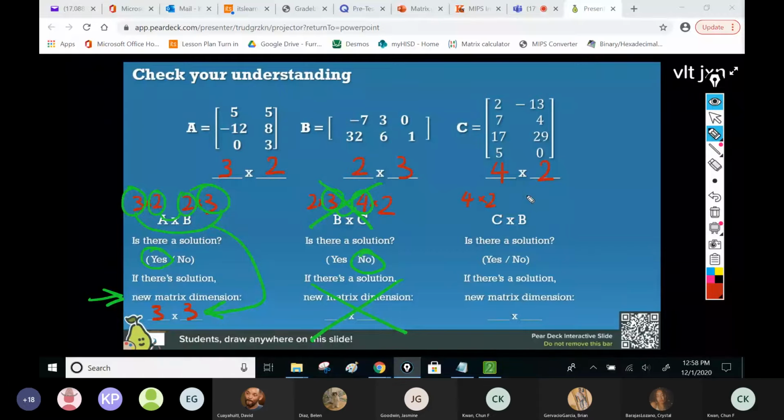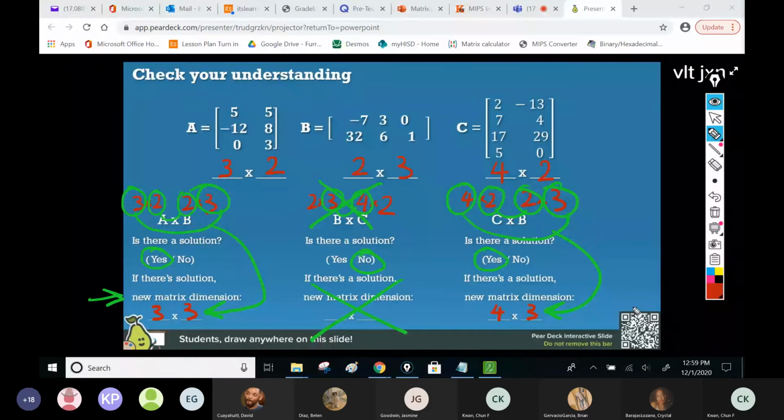And then matrix B is 2 by 3. So check to see if that's a solution. They're the same number, so yes, that's a solution. And then the new matrix dimension is the outer numbers right here, which is a 4 by 3.